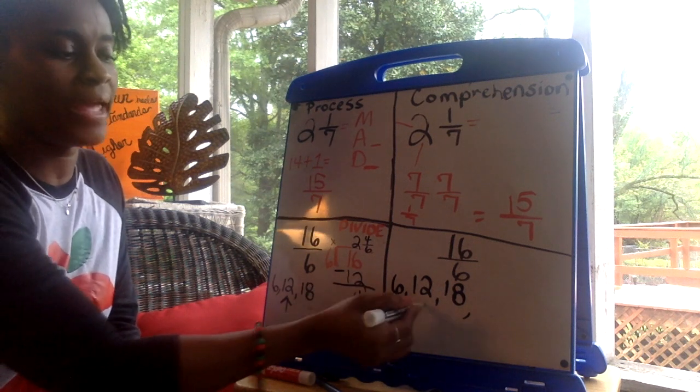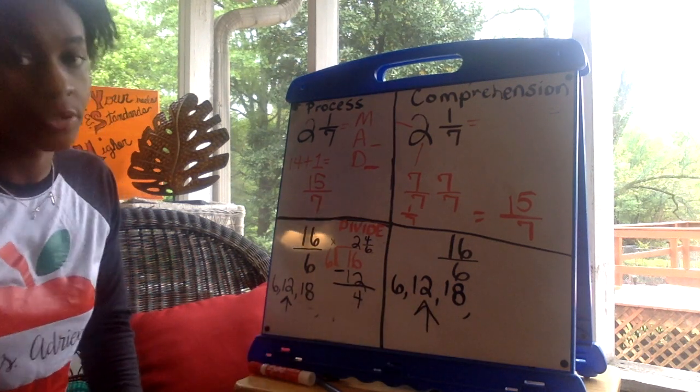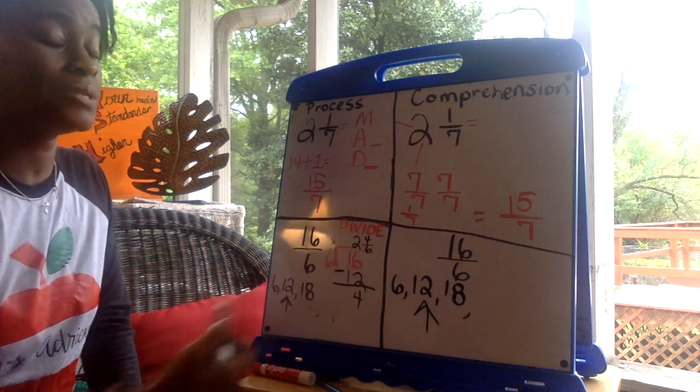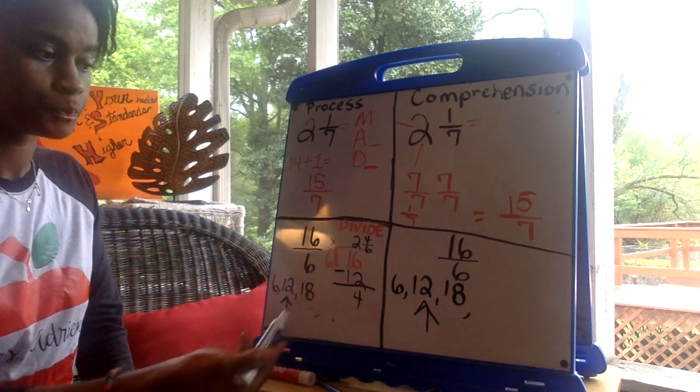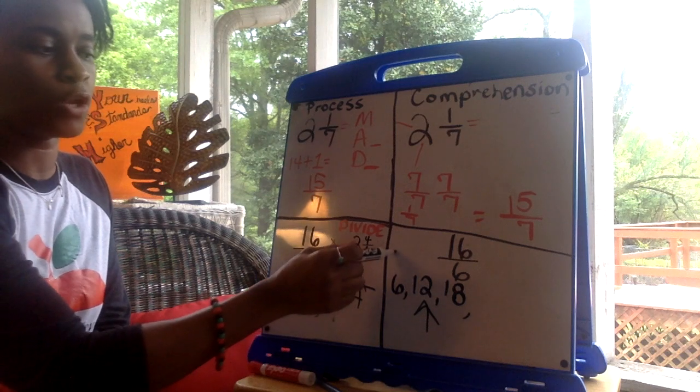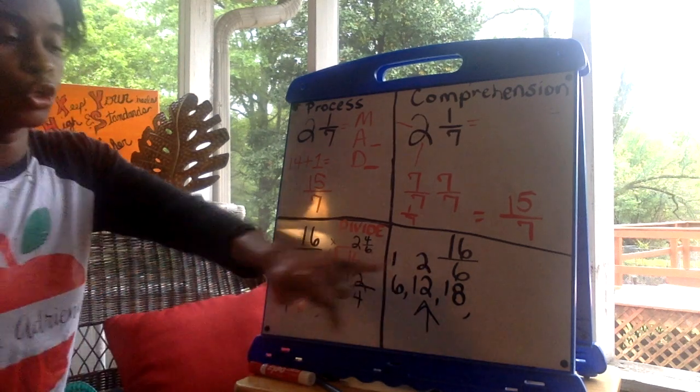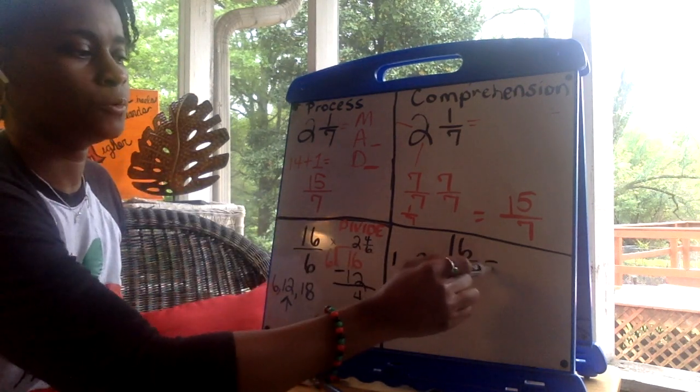So therefore, I have to stop at the closest that I can get. And the closest that I can get is 12. So that's going to be 1, 2 times that I can count.